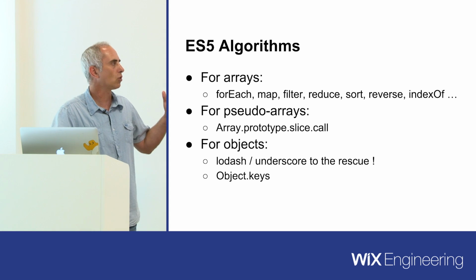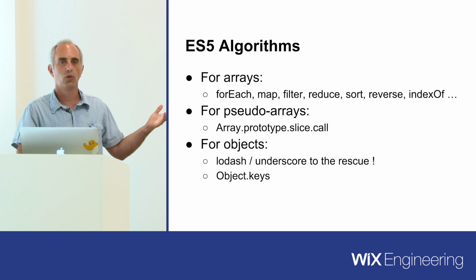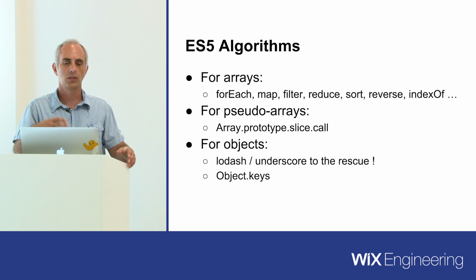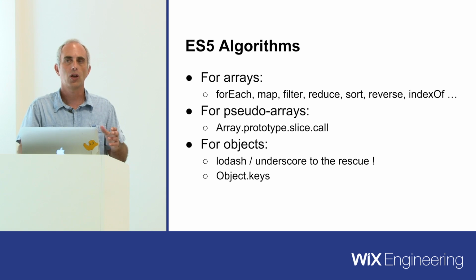Alternatively, we can use Object.keys to transform the object effectively into an array of keys and then use that array as a means to traverse and do operations on top of the object. Again, not a very comfortable or useful approach.